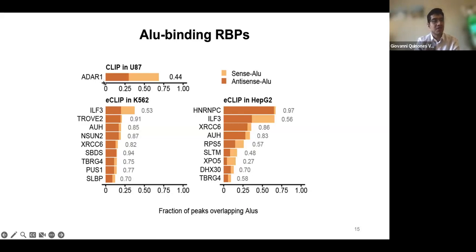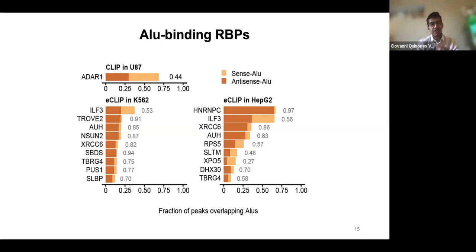So regions in the transcriptome that form double strands are very likely to get edited. And when we look at the profile of, say, ADAR, once again for reference, we see that around half of the time it binds to the sense direction of Alus, and the other half to the anti-sense.